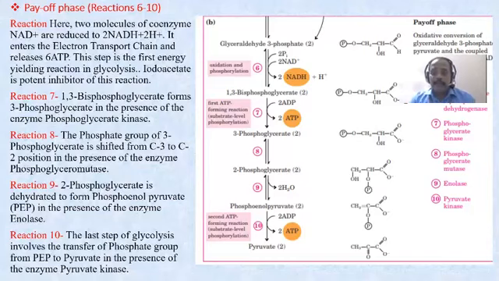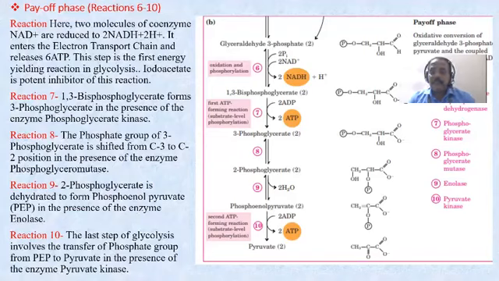Further, the reaction continues with the intermediate 3-phosphoglycerate, which is converted to 2-phosphoglycerate. Again, 2-phosphoglycerate, when it undergoes dehydration, is converted to phosphoenolpyruvate, and the final conversion of phosphoenolpyruvate to pyruvate is catalyzed by pyruvate kinase.